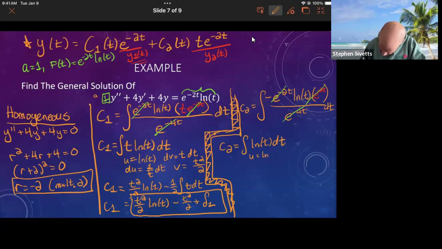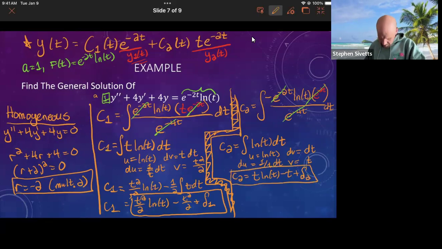Okay, so integration by parts again. One over t, and then v is equal to t. This is dt. So C2 is equal to t ln of t, and I'll do a minus dt, so that's a minus t plus a delta 2. So that is C2.